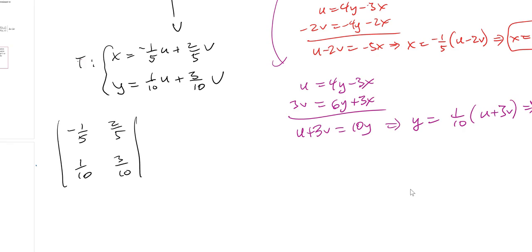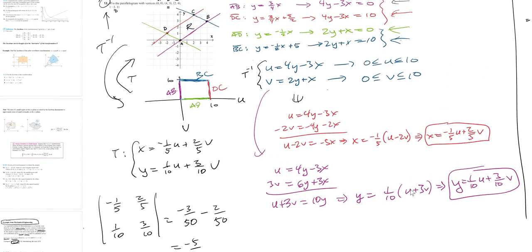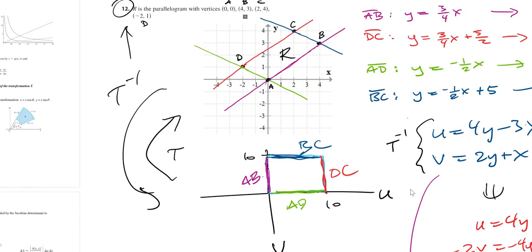When you do the determinant of this matrix, you get negative 3 over 50, minus 2 over 50, which is negative 5 over 50, which is negative 1/10. And now you take the absolute value of it, and we get 1/10 out of that. So a little change in area is 1/10. All right, so the change in area from the R to the S is 1/10.